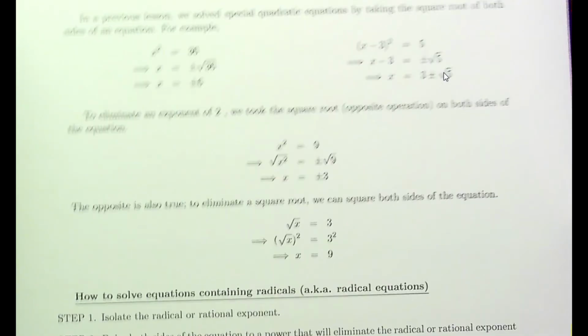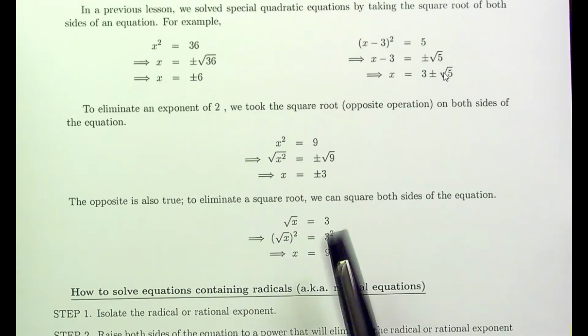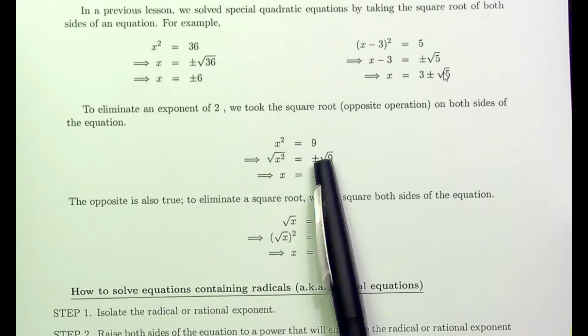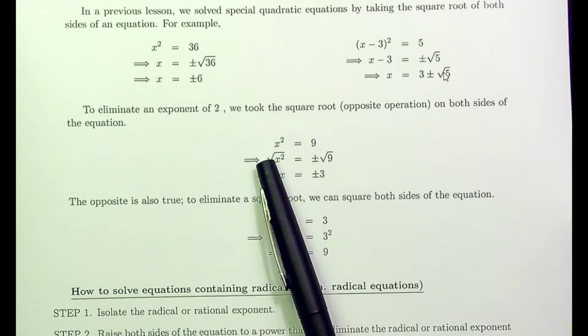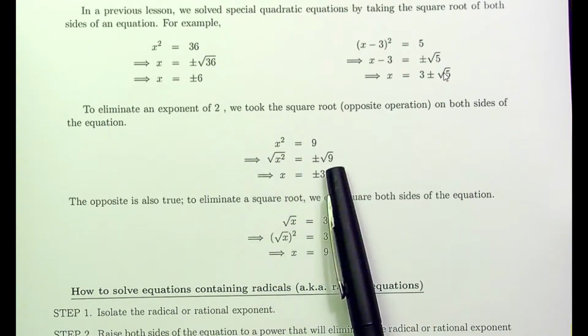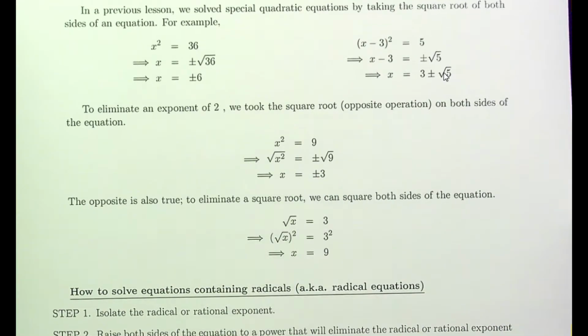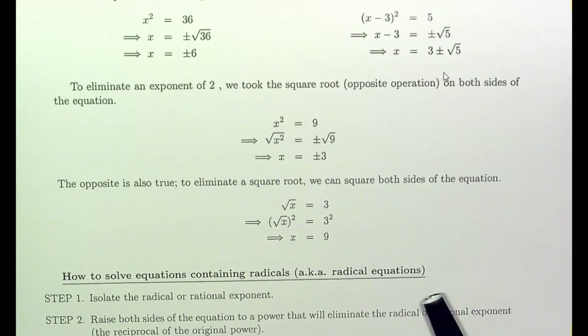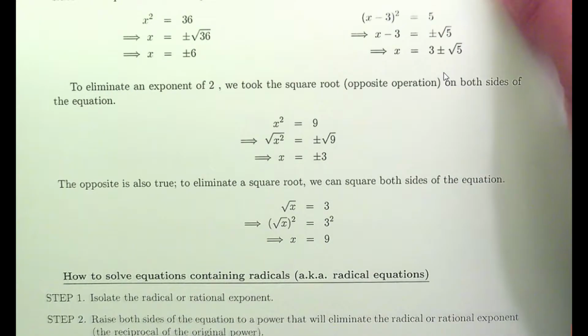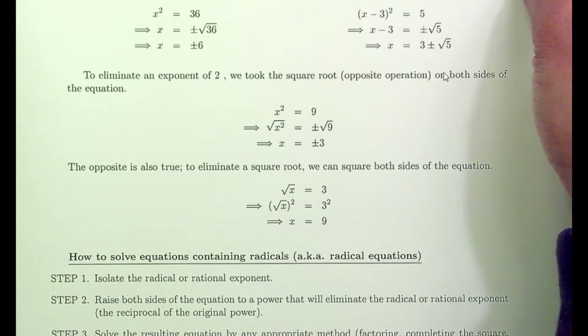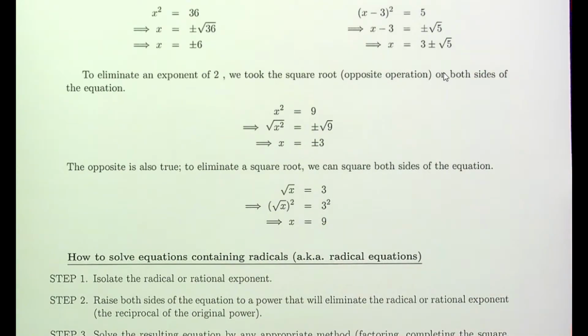If you have x squared equals 9, you take the square root on both sides, remembering to put plus or minus on one side. Actually, the opposite is also true. If you want to undo a square root, then you square, because square roots and squares are opposite operations. To undo one, you just do the other.